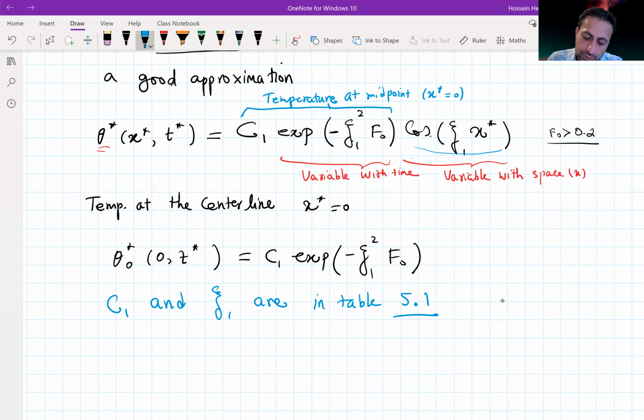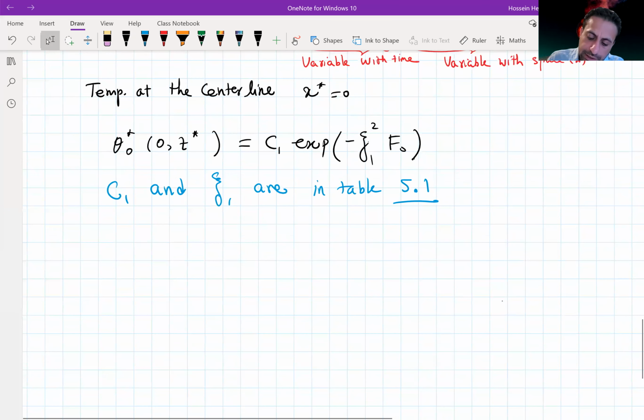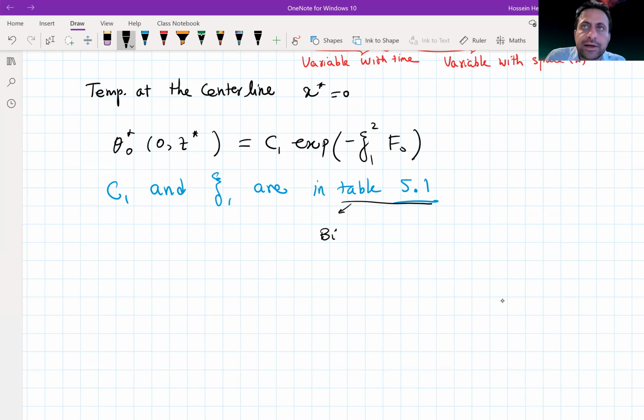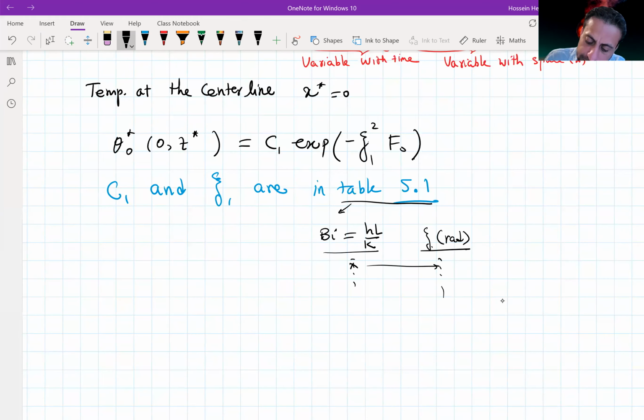In that table, we have the Biot number, which is hL over k, and you have the value of that. And the same thing, we have this psi, with dimension of radians. You have the value for each Biot number. You can read what the psi is, and you can read the constant C1. So you can find the value.